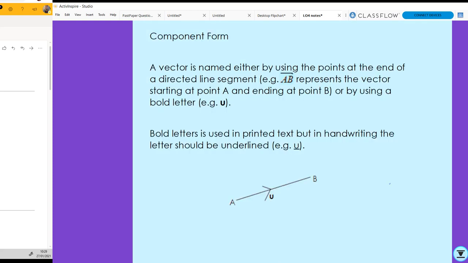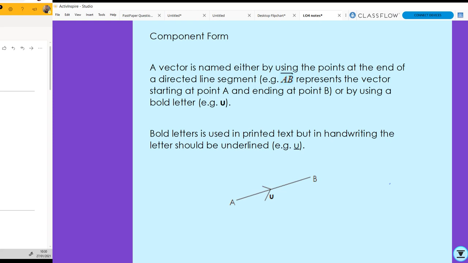So let's go on to what we're doing with these magnitudes and the direction, so the vectors. A vector can actually be written in 3 ways. It can be named using points at the end of a directed line segment.